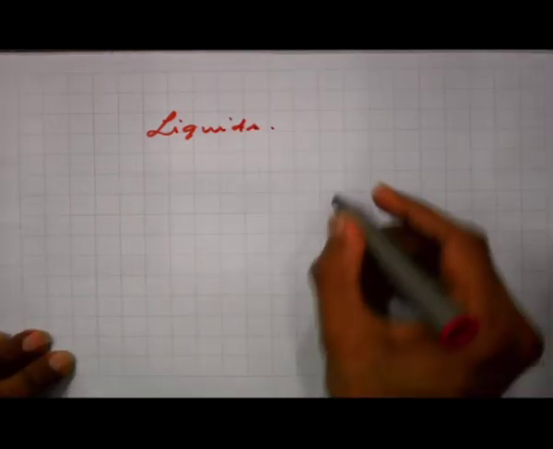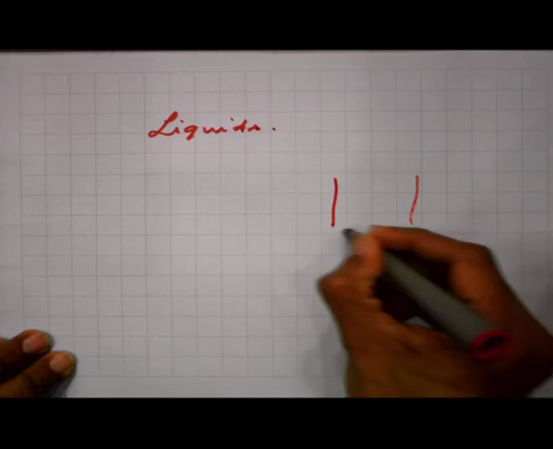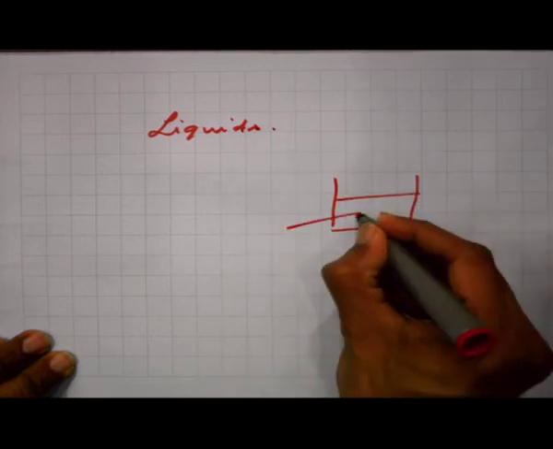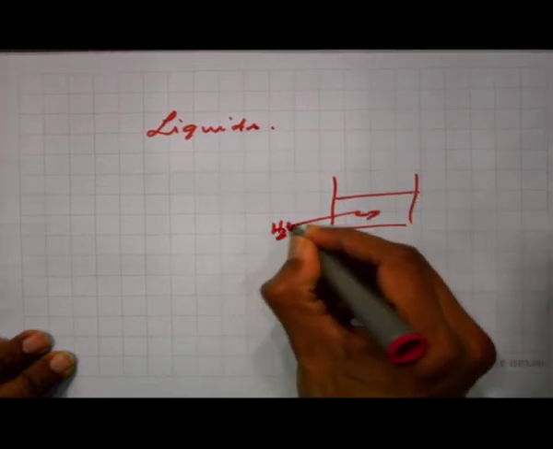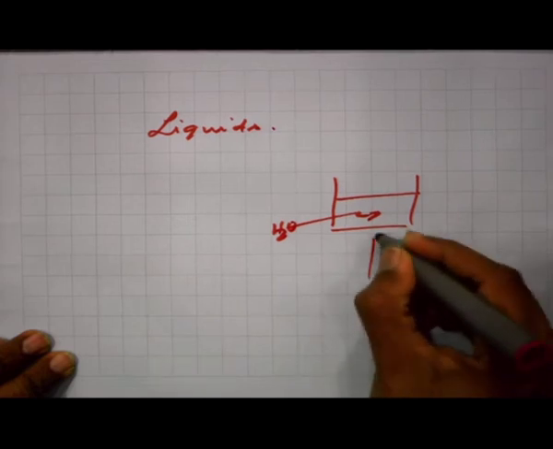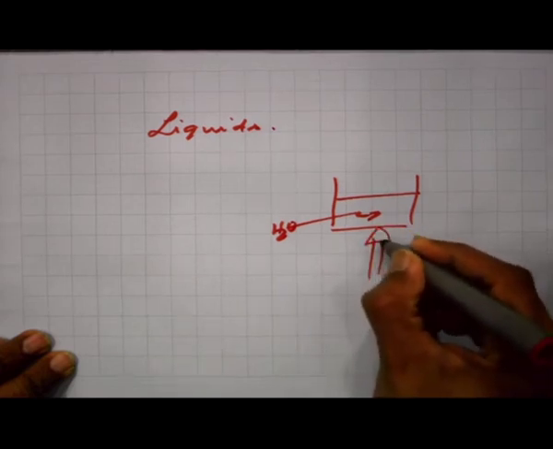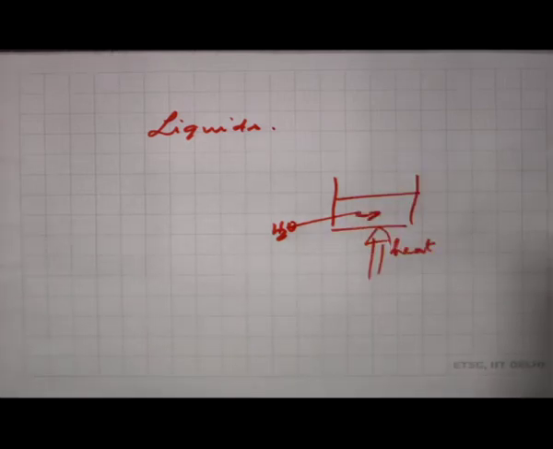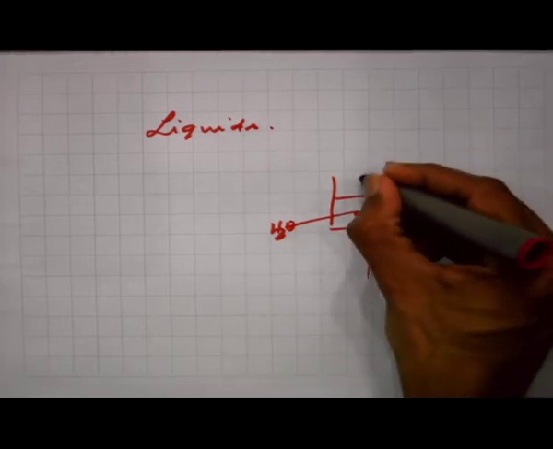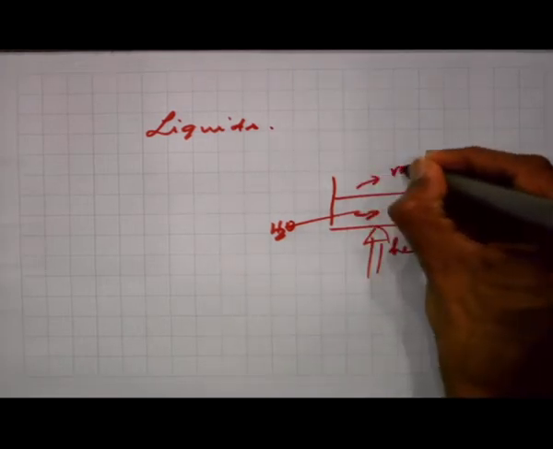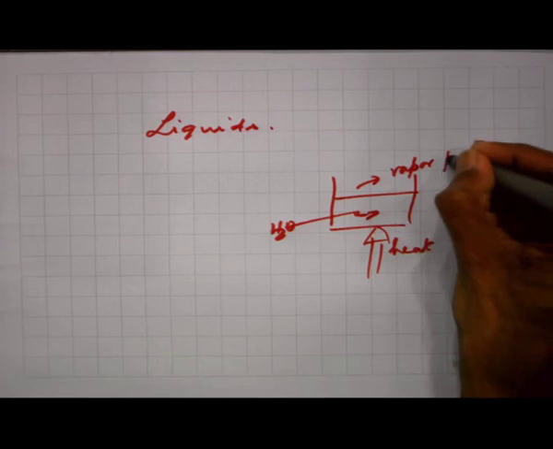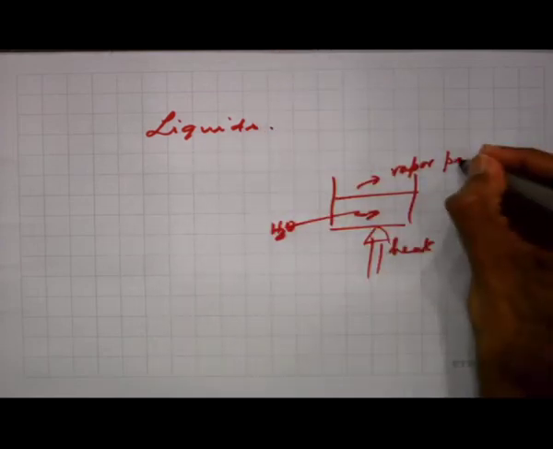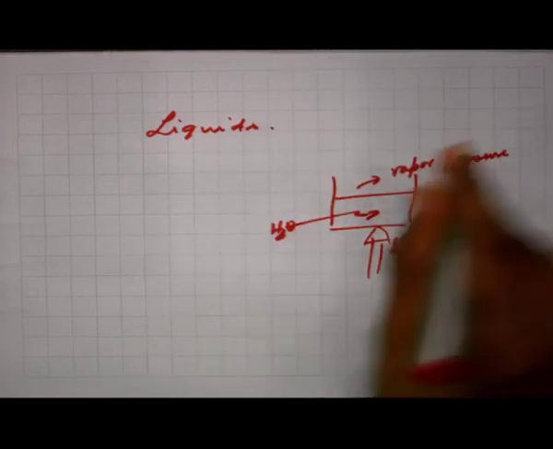Now, if you take a liquid, let us imagine that I have water and I heat it. So, heat is provided. Put it under a Bunsen burner and you heat it, and you look at the vapor pressure, open to the atmosphere, as you change the temperature.